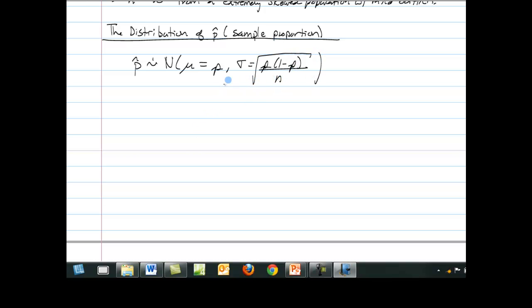This is the best approximation if n is large and p is not too close to 0 or 1, which you'll also need to look at and account for.